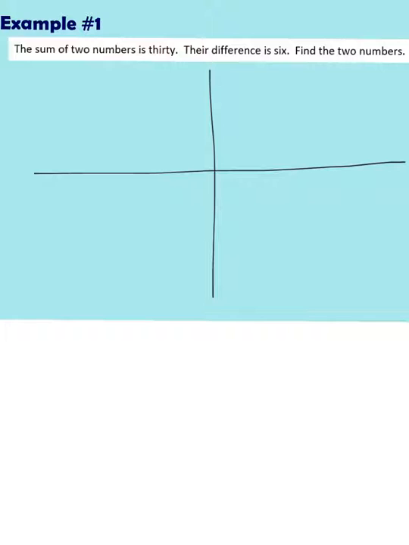So we are going to let x equal the first number. Actually, I'm going to use a pound symbol. This is not a hashtag, it's a pound symbol. All right, and then y is going to equal my second number.